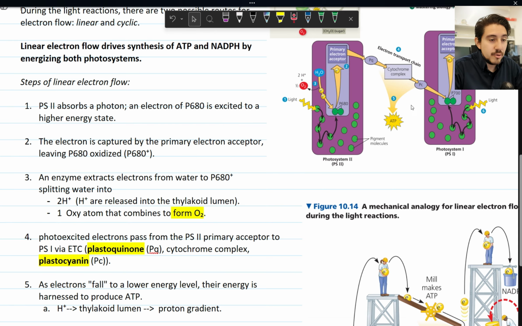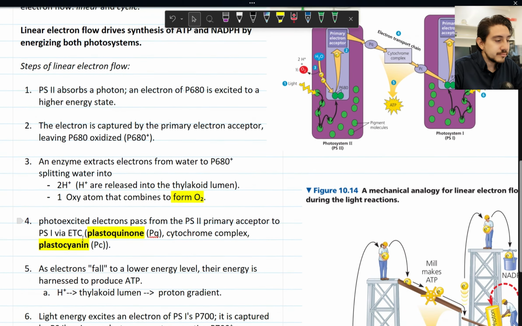And then you have your last one in the chain, which is plastocyanin. Again, as electrons are passing down, remember that whole function of the electron transport chain in cell respiration, ATP is being generated because hydrogen ions are being shuttled from one side to another to produce a hydrogen ion chemical gradient.